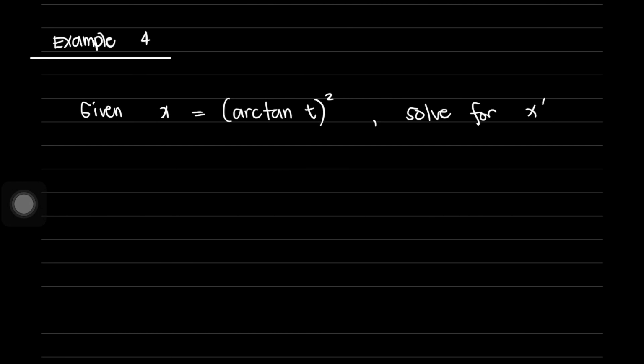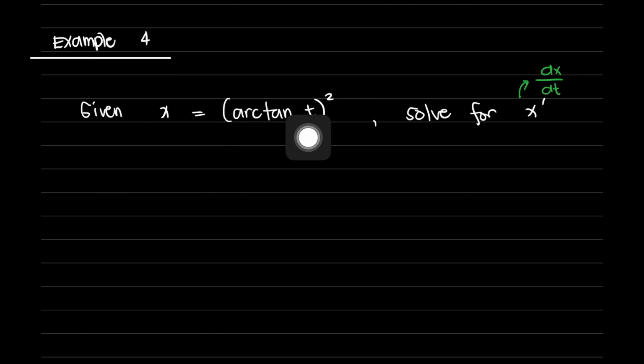So for our next example, we are given x equals the quantity arctangent of t, squared, and we're going to solve for x prime. Since our independent variable is t and our dependent variable is x, then x prime would be dx over dt.